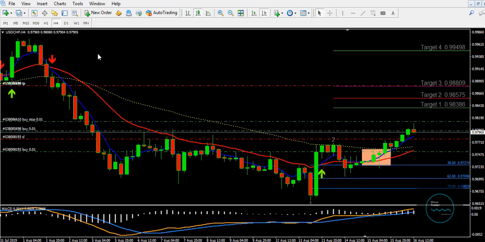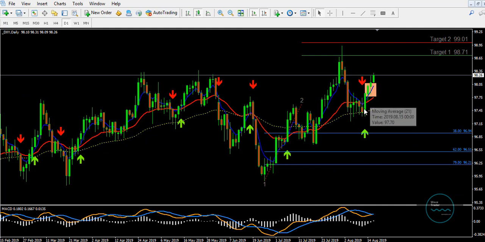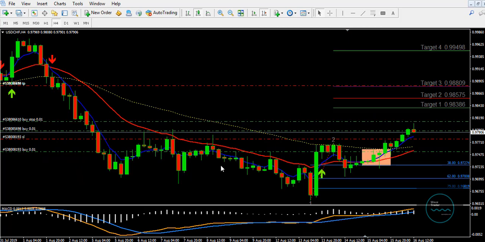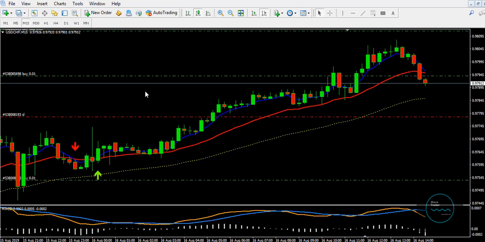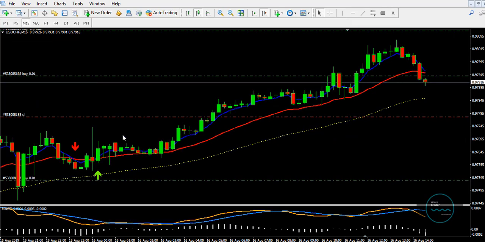This is the daily chart for the dollar index, price was already bullish, so I didn't need to go to the higher time frame for the Swiss pair. I just looked at it here, and I went lower to look for an entry point.